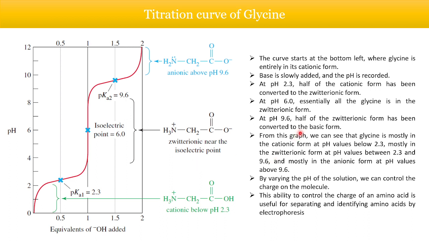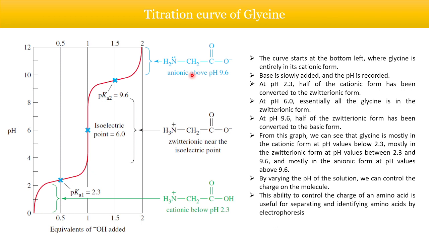Now as we move up and the pH reaches 6, all the glycine is converted into your zwitterionic form, and on further increasing the OH minus concentration, when the pH reaches 9.6, then half of your zwitterionic ions would be converted to the glycinate form, or the negative anionic glycine, because the hydrogen of this amino group would be grabbed, and it would attain a negative charge.